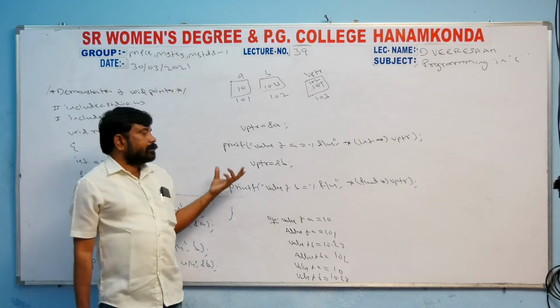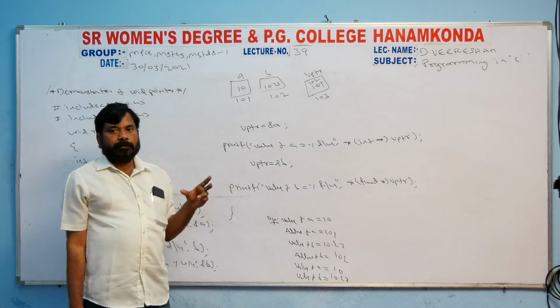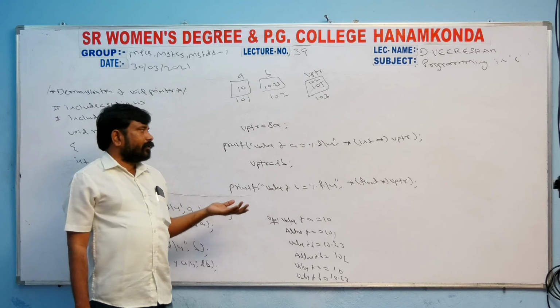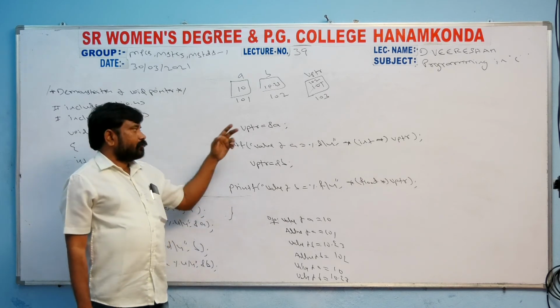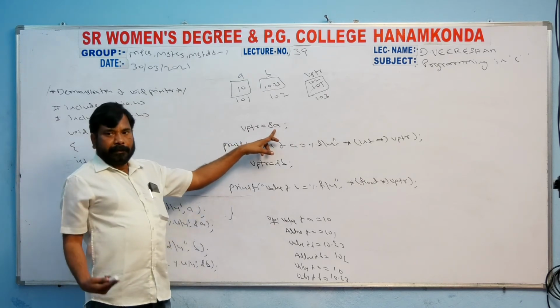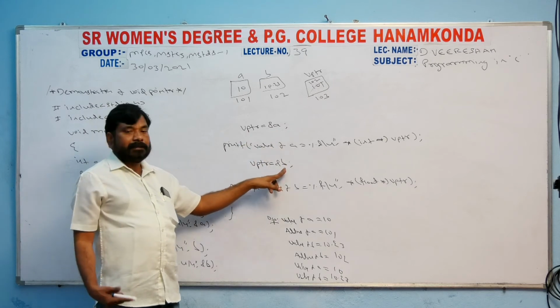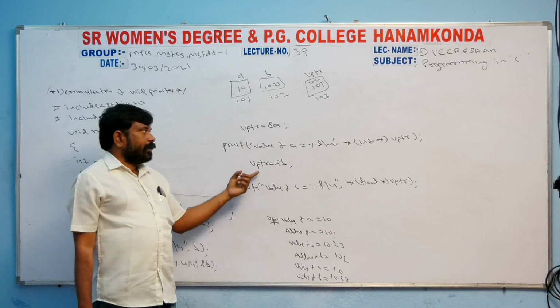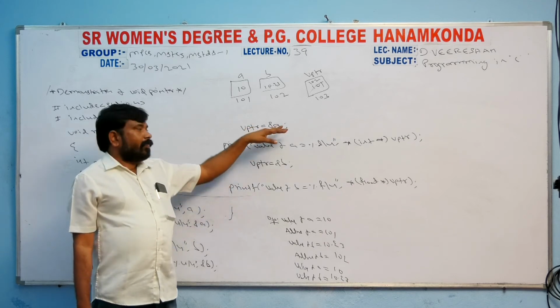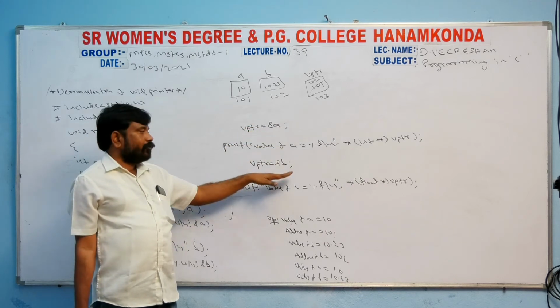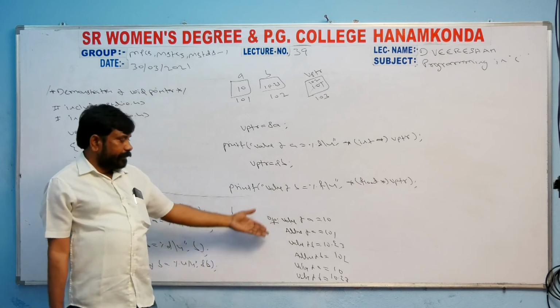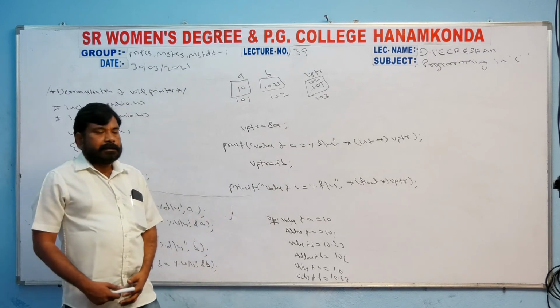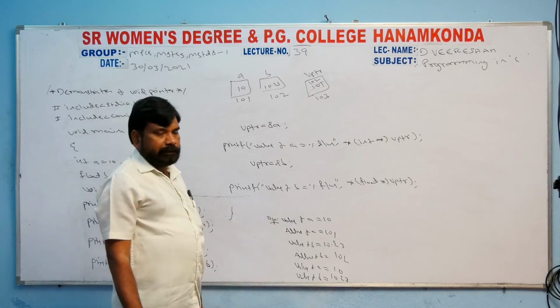But in some cases I would like to store any type of data address in the variable. For that I have declared the void pointer. First I am storing the address of A, which is an integer. Next I am storing the address of B, which is a float. But the variable is one. First it is integer, second it is float. By that we are getting the output. That's the concept of void pointers. Everyone okay?